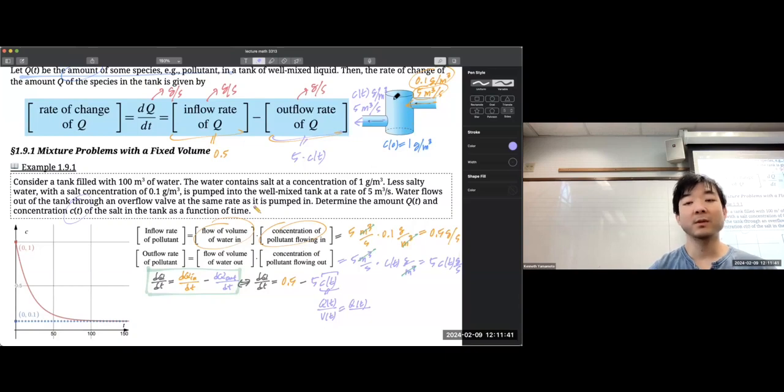So this C of T is supposed to represent the concentration at some time inside this tank. It's the amount in mass divided by the volume. The amount of salt is changing with time, but the volume of water in this tank is what the whole time?